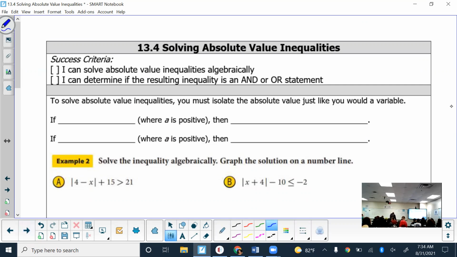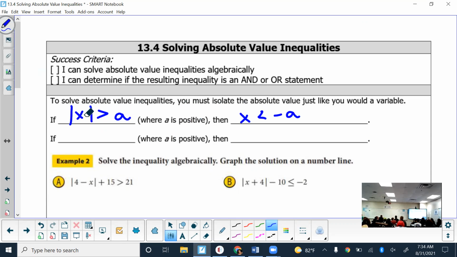All right, so if we have the absolute value of something greater than a, X can be any number, a can be any number. But if we have the absolute value of something that is greater than a number, and a is positive, then we have two choices for what our answer can be.